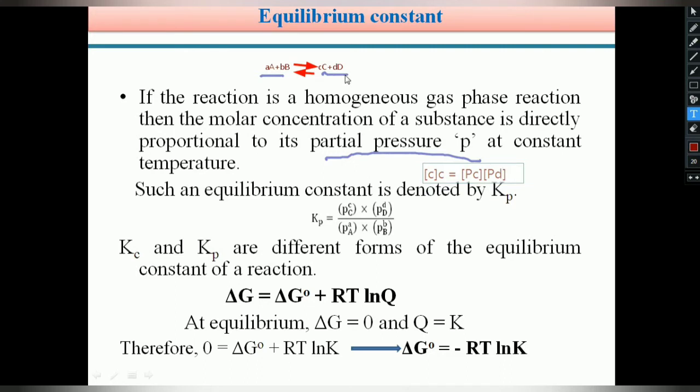Since it is a gaseous substance, in place of concentration I have chosen partial pressure of the gas. Therefore, the equilibrium constant Kp is equal to partial pressure of C to the power of c into partial pressure of D to the power of d by partial pressure of A to the power of a into partial pressure of B to the power of b.